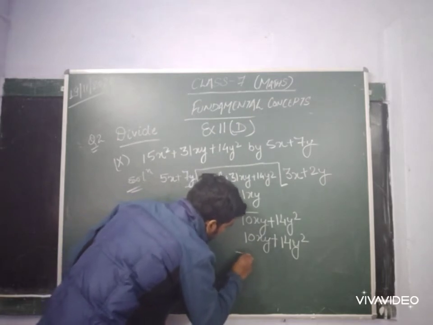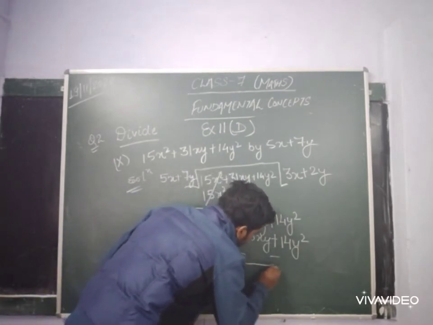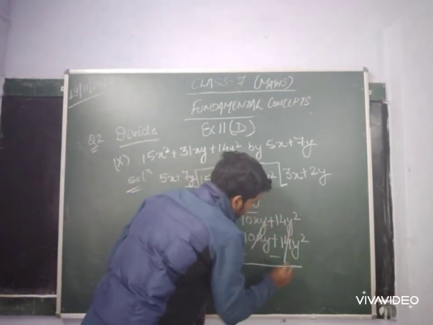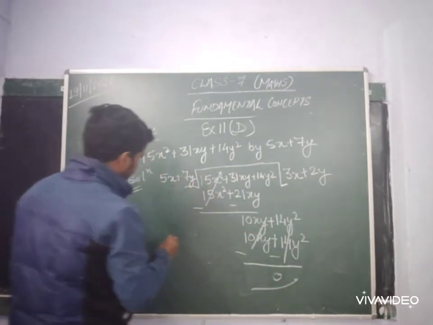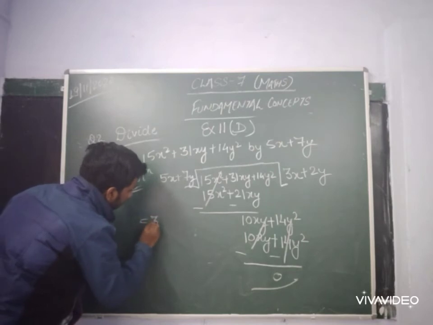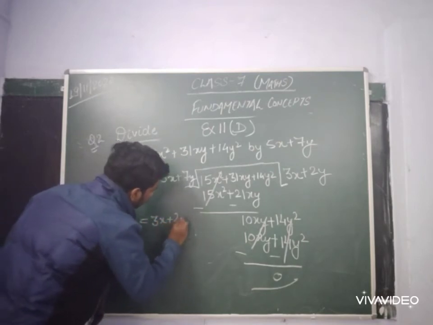Again, subtract this, the sign will be changed, this and this cancelled, 0, so your answer is 3x plus 2y.